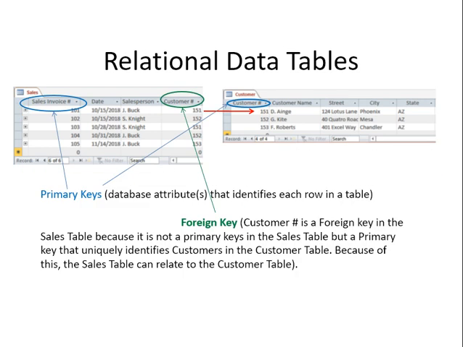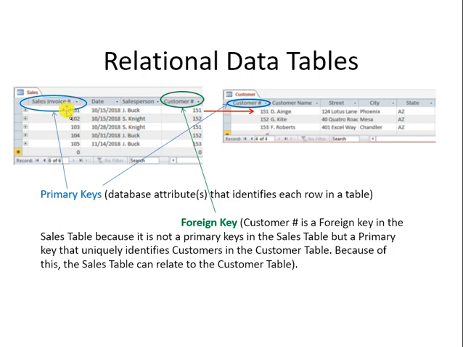Tables are related by keys. For example, for this sales table, we have a primary key, which is the sales invoice number. A primary key is a database attribute or attributes that identifies each row in a table.